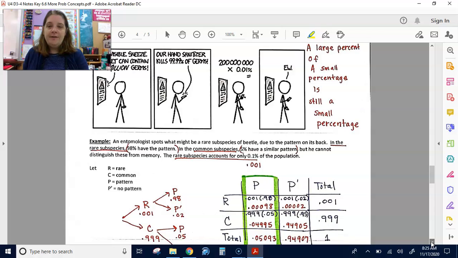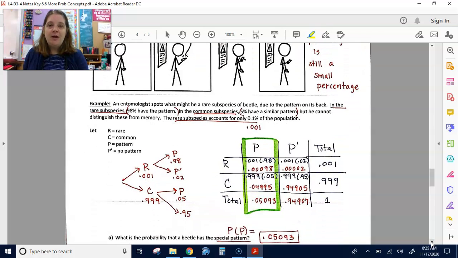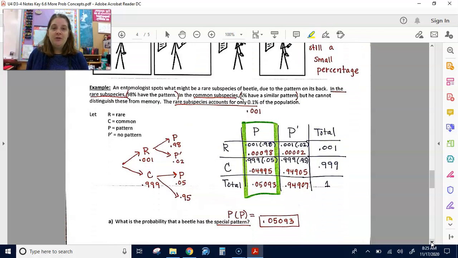All right, so an entomologist spots what might be a rare subspecies of beetles due to the pattern on its back. In the rare subspecies, 98% have the pattern. So that's a conditional probability: if I know I've got a rare subspecies, then I know 98% will have the pattern.